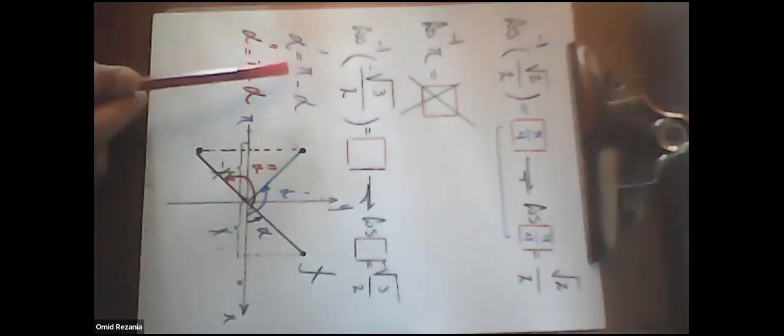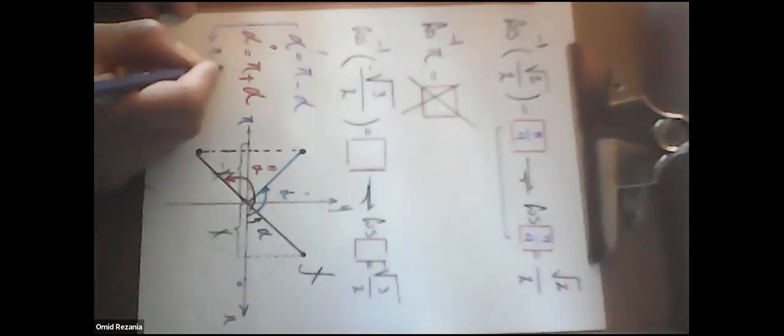Then how much does possible alpha become? It becomes pi minus pi over 6, becomes how much? Guys, pi minus pi over 6 becomes 5 pi over 6. Do you see this one, although this is a little bit small in font?